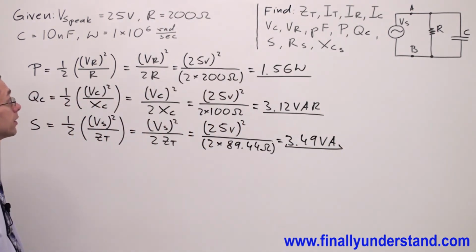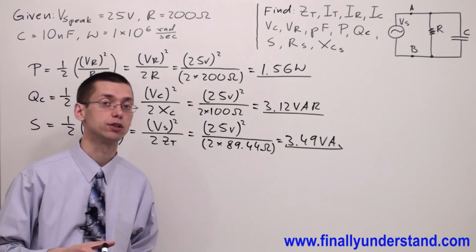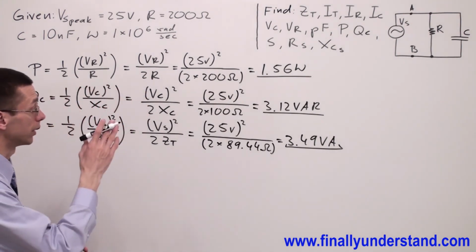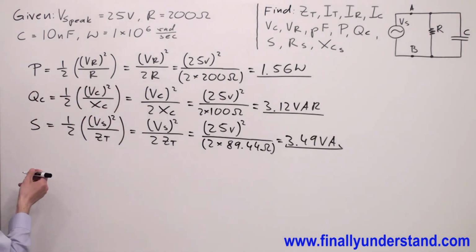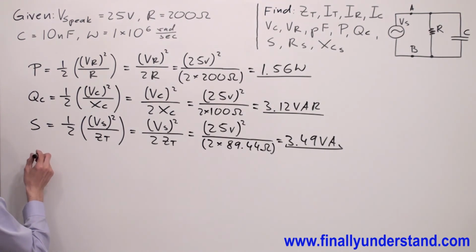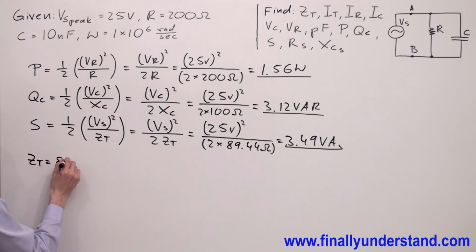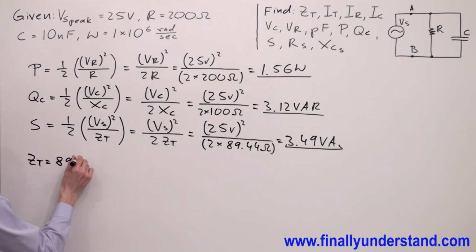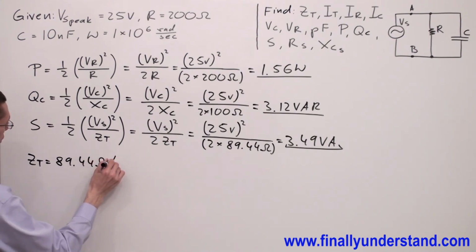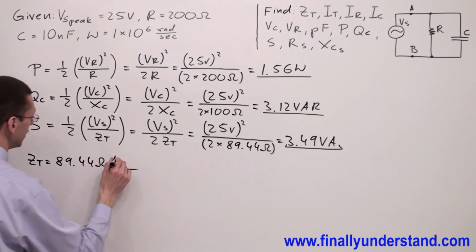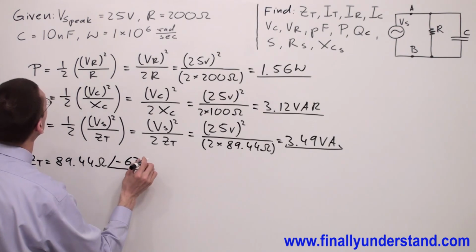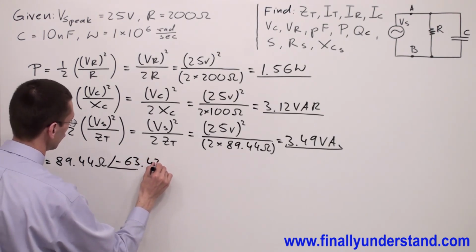Okay, next we're supposed to find the series equivalent circuit to the one which we have given. So what you're supposed to do? You're supposed to simply write Z total is equal, we found this, 89.44 ohms and angle of negative 63.43 degrees.